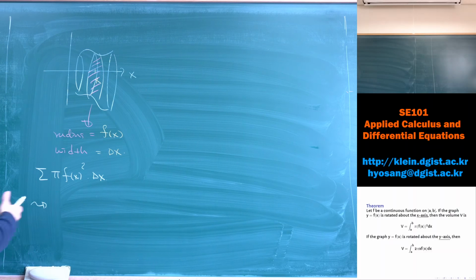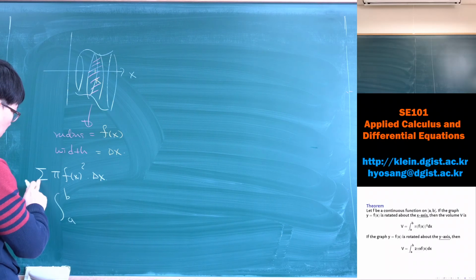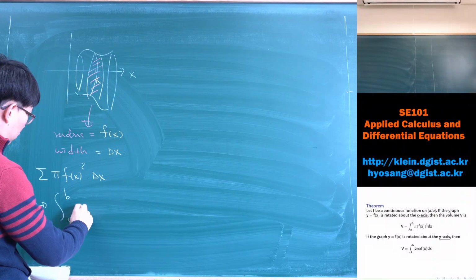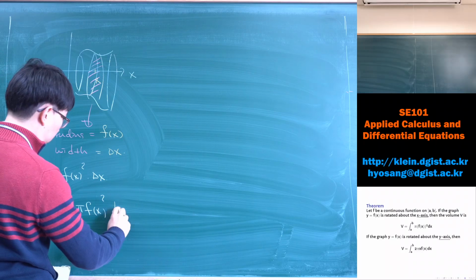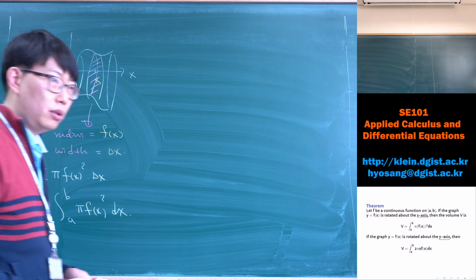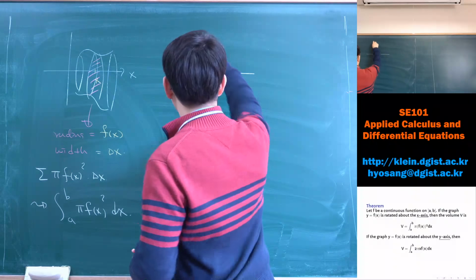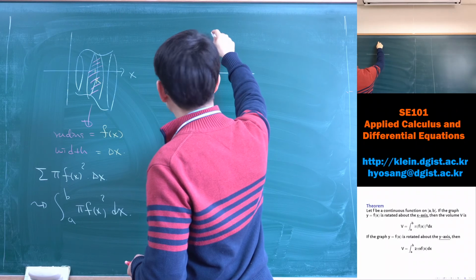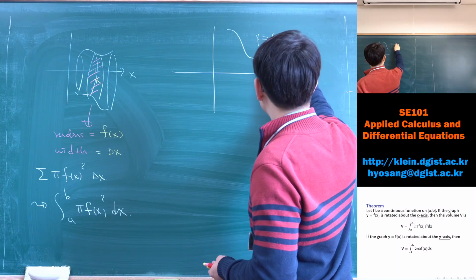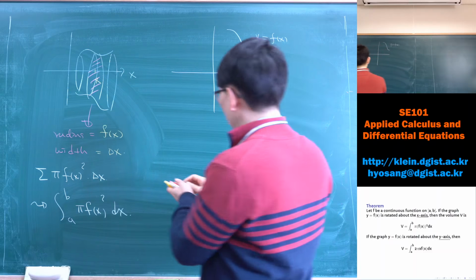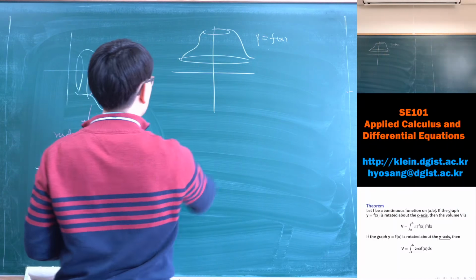So when I take infinitely many slices, then this becomes the total volume, and the summation becomes the integration of pi f square dx. Okay. So this is when you rotate around x-axis, and when you rotate around y-axis, then suppose that you have function y equals f of x like this one, and by rotating around y-axis you get this figure.